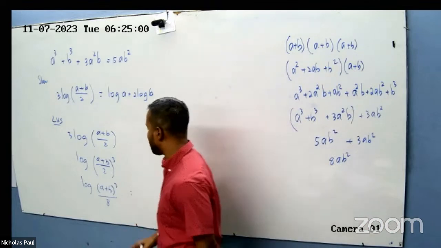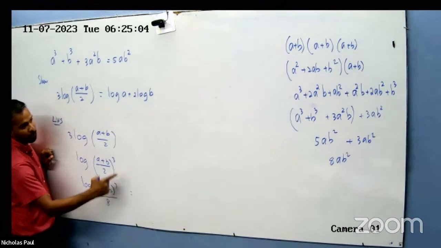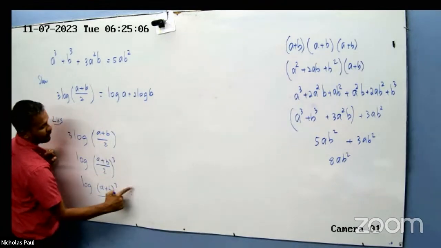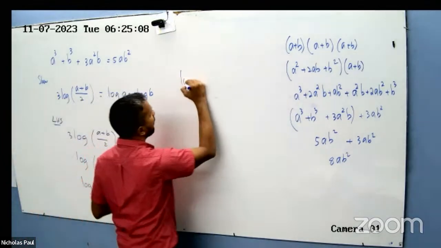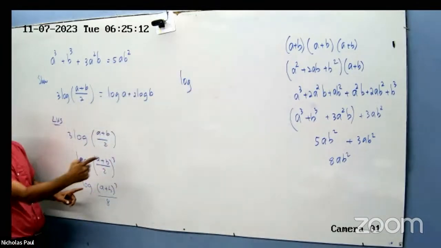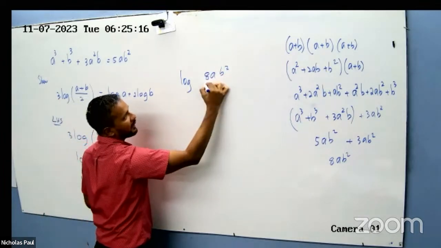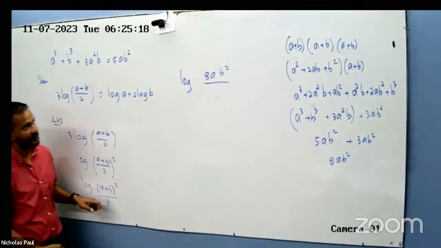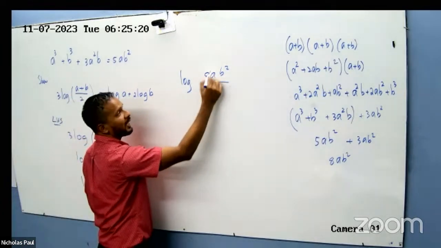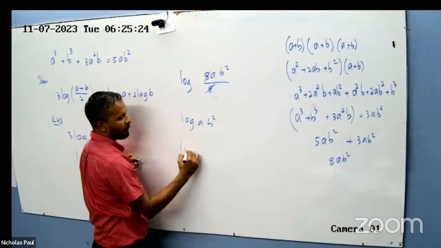And instead of writing a plus b all cubed, I could write log of this here. This here we simplified to 8ab squared, and I'm dividing it by 8. The 8 will cancel, and you'll get log of ab squared, which we could break up easily.